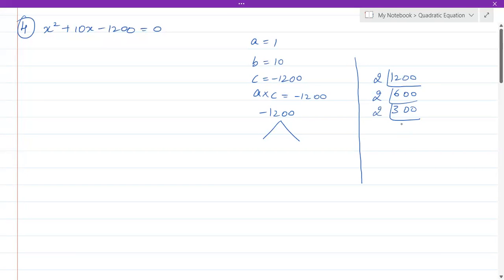Again by 2, so it becomes 2 150s are 300, 2 75s are 150. Now you cannot divide by 2 because 75 is an odd number. So let's start with 5. 5 threes are 15, 3 ones are 3. Now here you got the prime factorization of 1200. That is, you got 4 2s and 2 5s and 1 3.